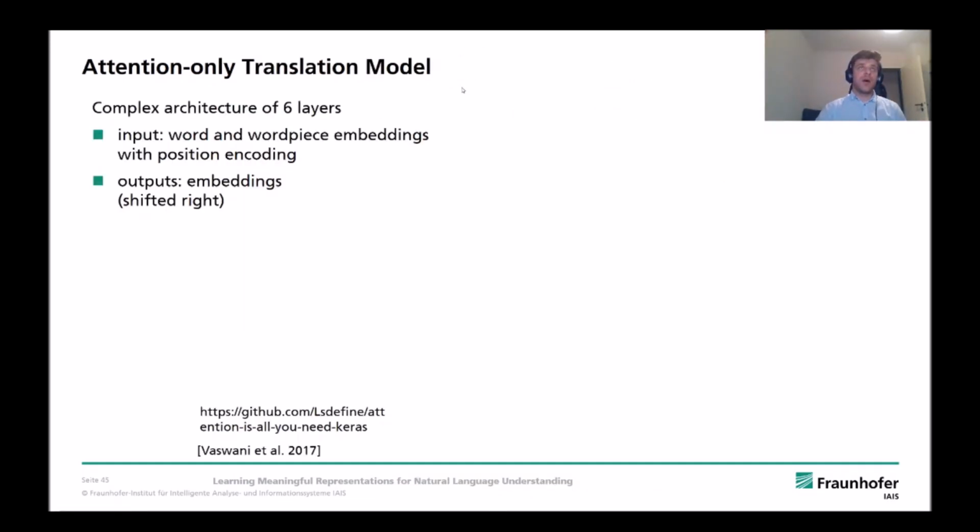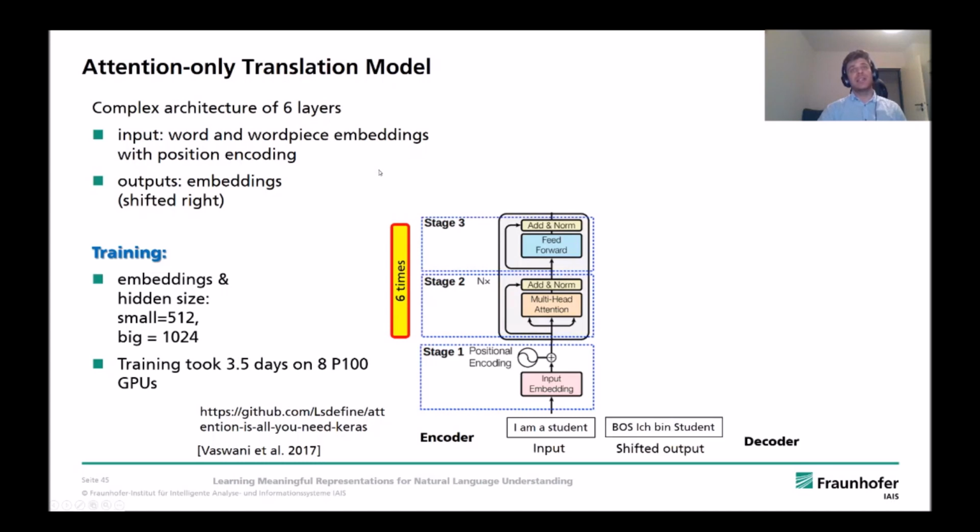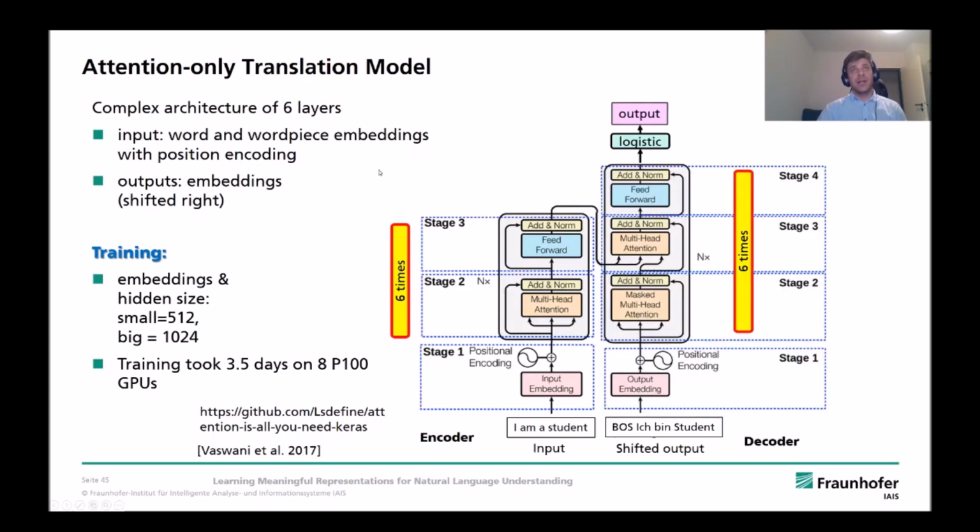Now, the transformer was an attention-only encoder-decoder model, in the beginning used for translation. And back then it was a very, very complex architecture consisting of 6 encoder layers and 6 decoder layers. And training took around 3.5 days on 8 P100 GPUs.